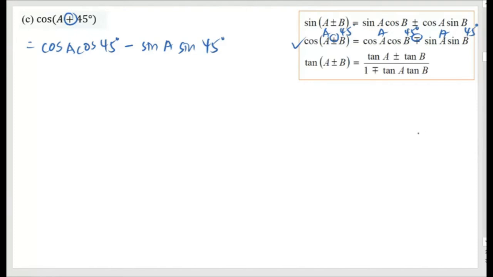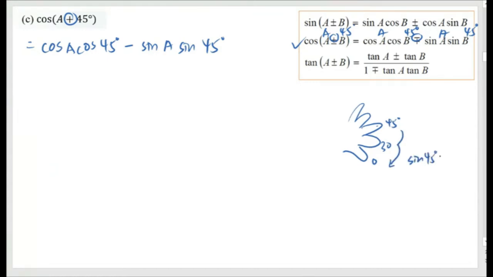Okay, what is the value for cos 45 and sine 45? Use your finger. You have 4 fingers, right? 0, 30, 45. This is your 45 degree. Okay, so you go down. Go down is sine.